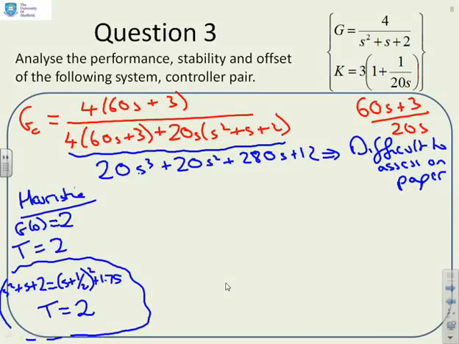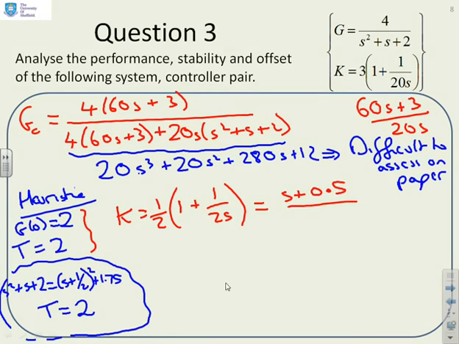I can now use these two values, and that's going to give me the heuristic, which is 1 over 2, that's 1 over G(0), times 1 plus 1 over 2s. Or, putting it in a slightly alternative form, s plus 0.5 over 2s.